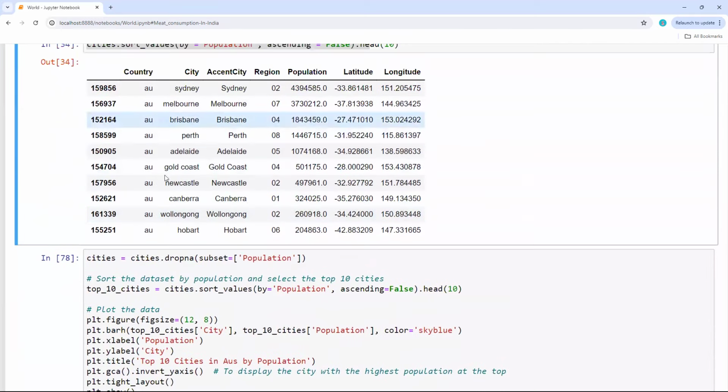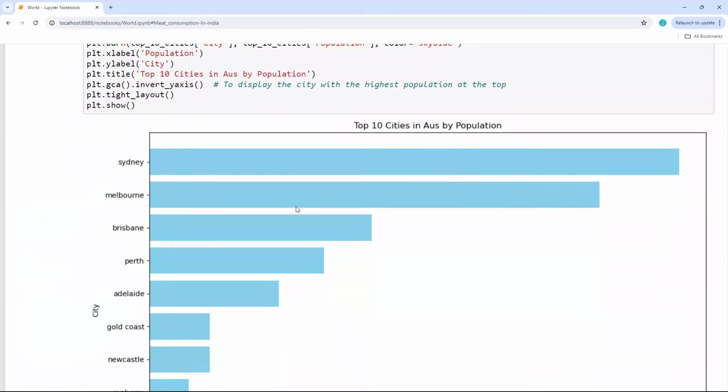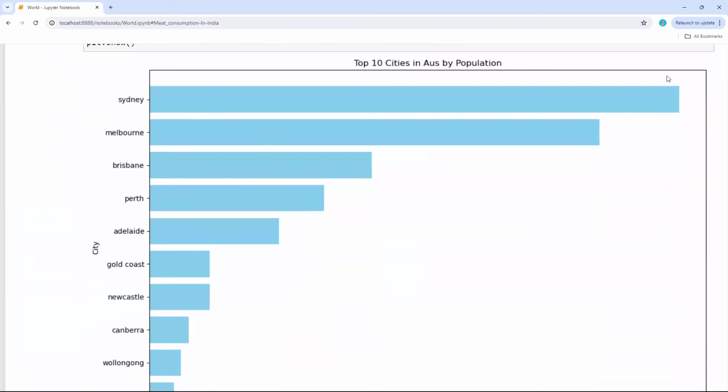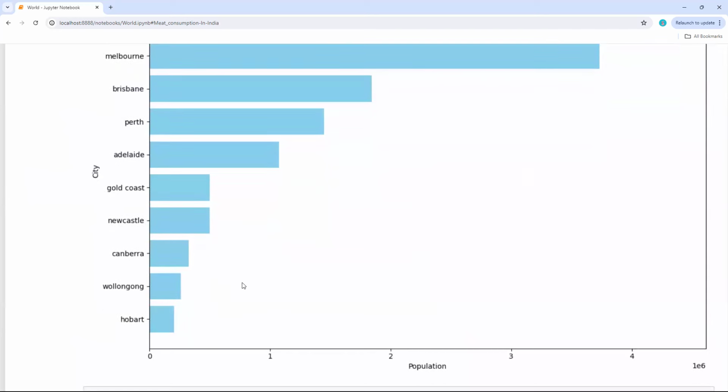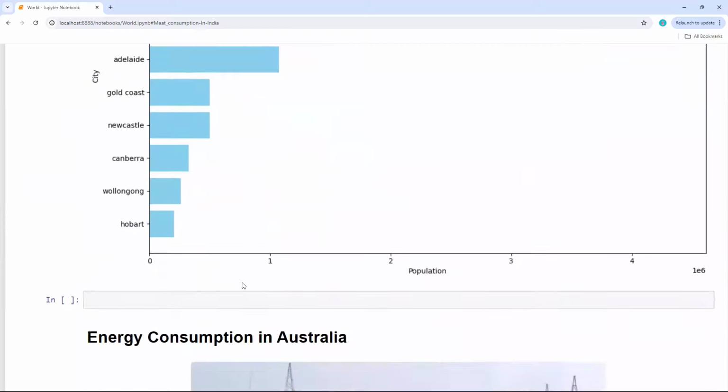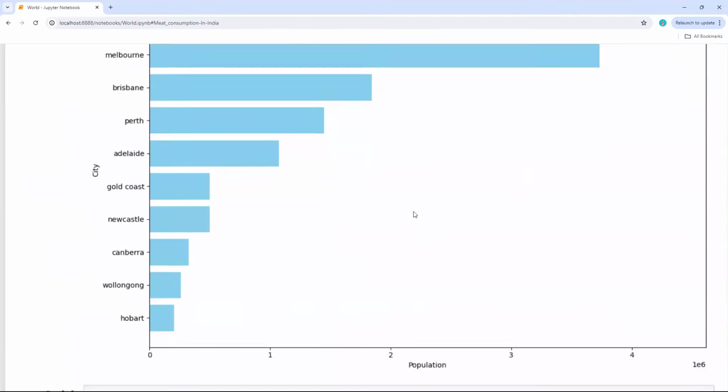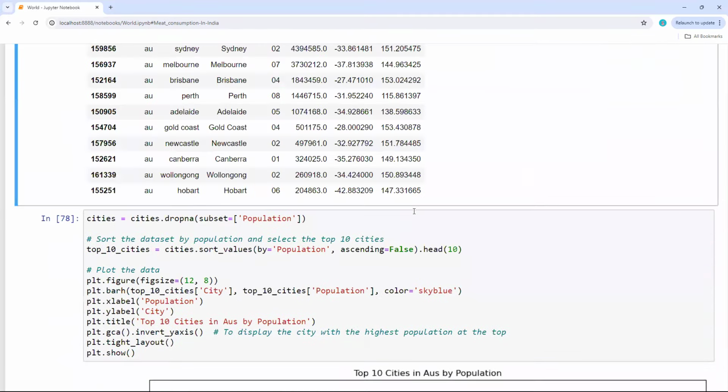We had looked at the numbers, but now it is in a visualization manner. Sydney is the most populated city in Australia, followed by Melbourne, Brisbane, Perth, Adelaide, Gold Coast, Newcastle, Canberra, Wollongong, and Hobart. So this is about the city-wise population.